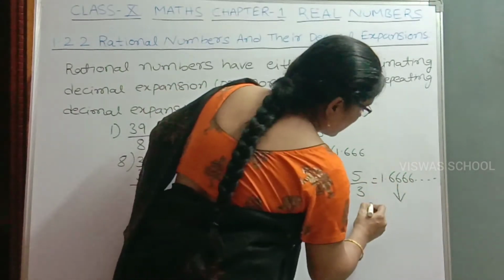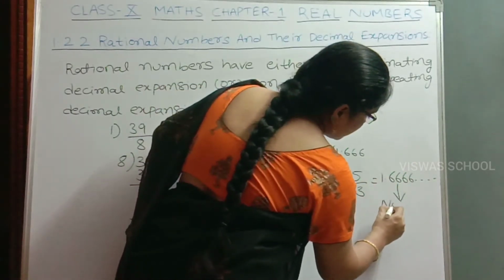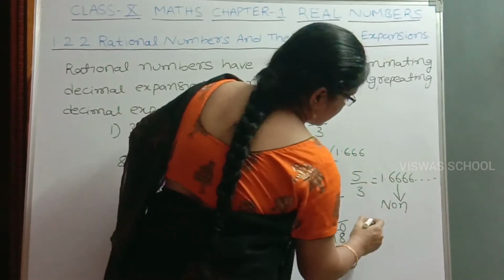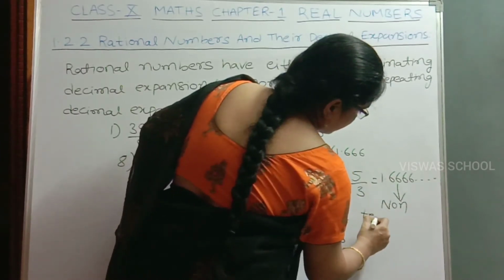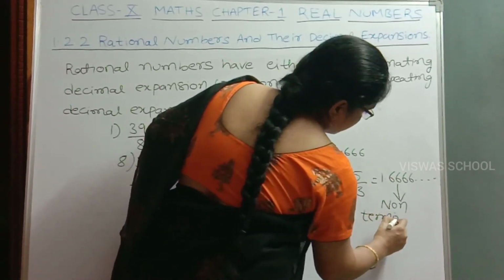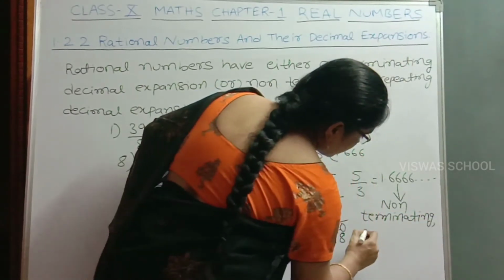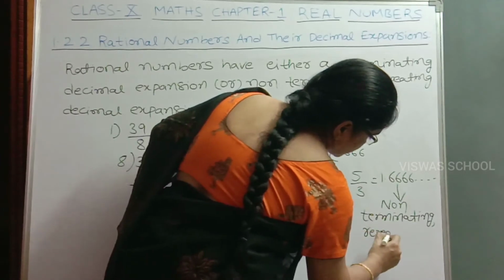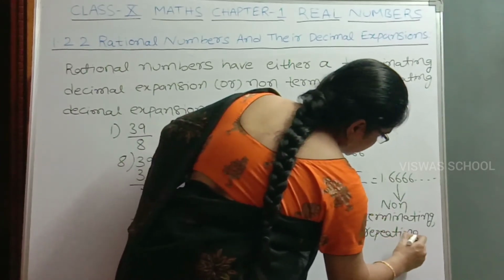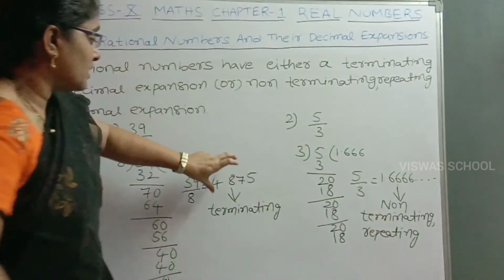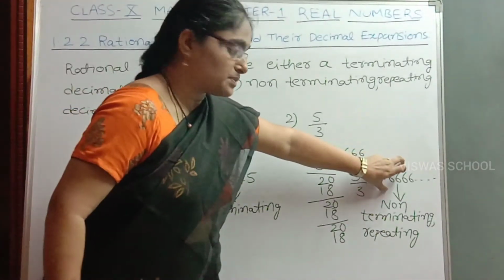That's why it is called a non-terminating and repeating decimal expansion. These are the decimal expansions.